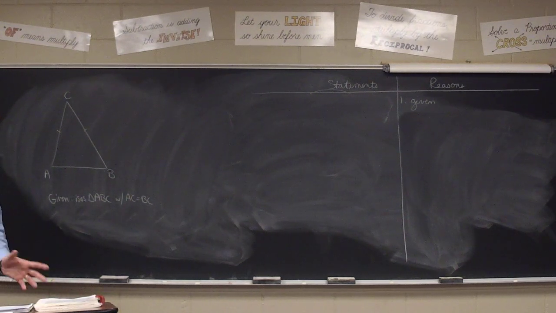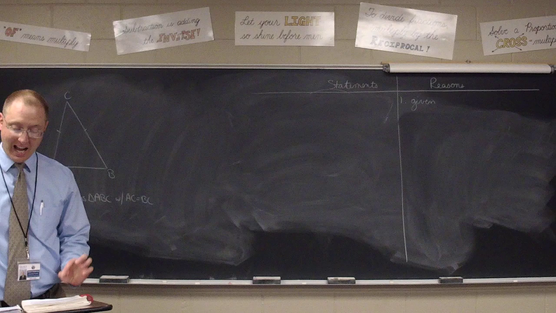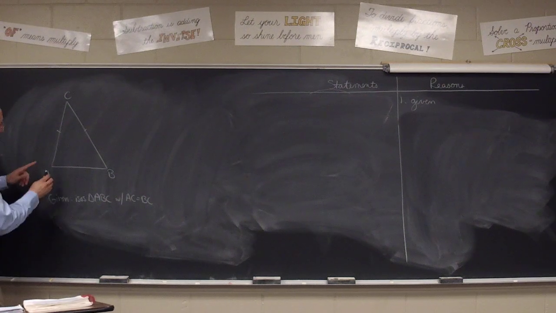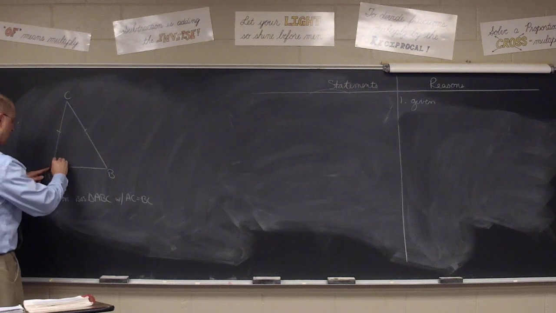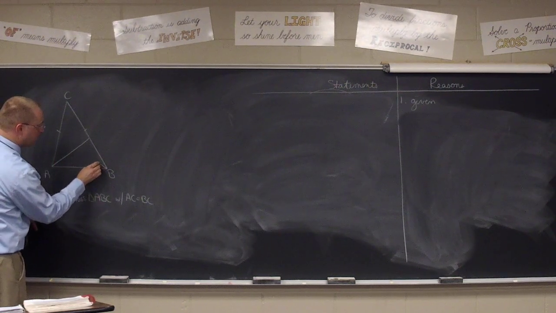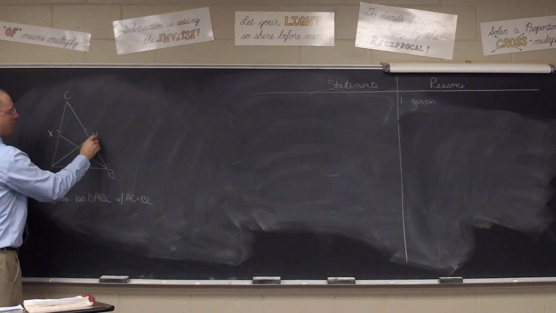In addition to, or within this triangle that I drew, what else do I need to draw? Bisectors. Bisectors of the base angles. So I'm going to have to bisect angle A. I'm going to bisect angle B. Let's call these bisectors BX and AY.